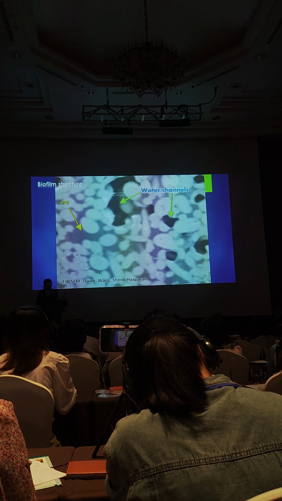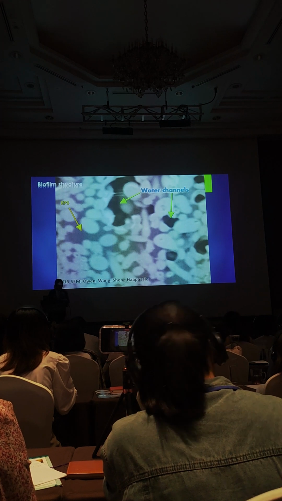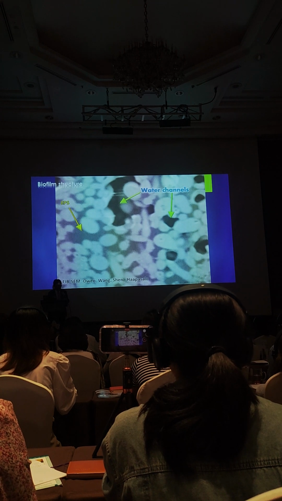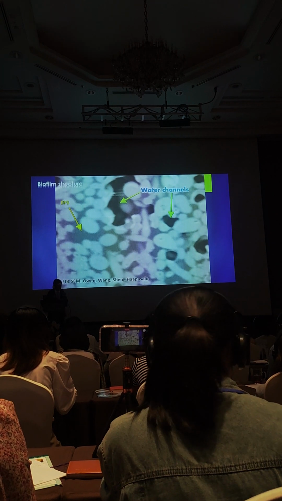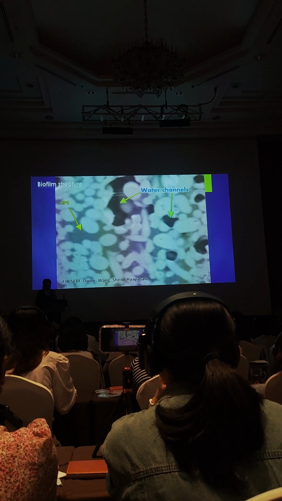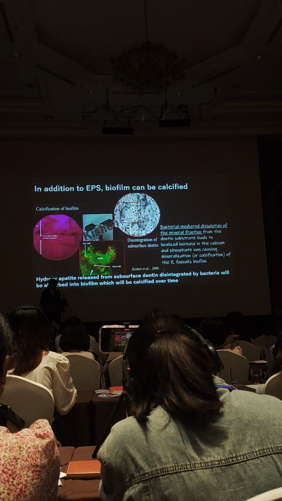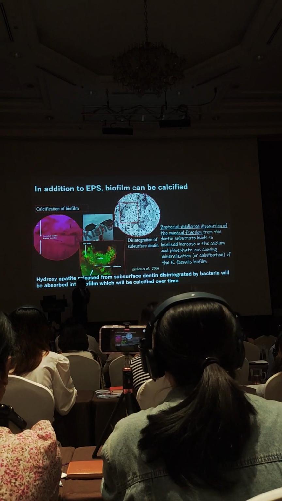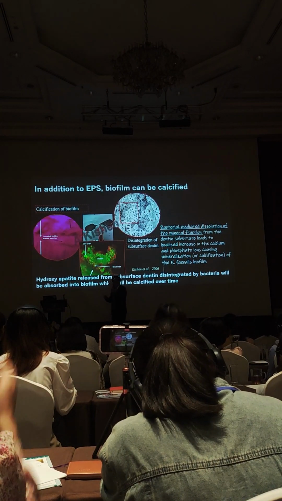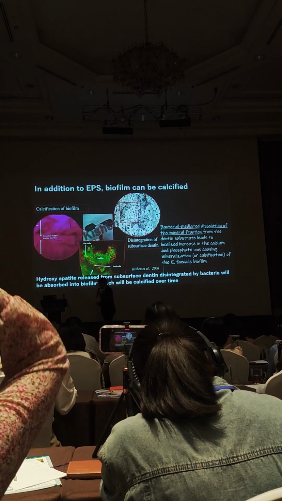So if you get sodium hypochlorite into the defect in the biofilms, maybe you can eliminate the biofilm, or you can disrupt the biofilms using sodium hypochlorite. That's why if you use a high concentration of sodium hypochlorite, you can get it into the small water channels.